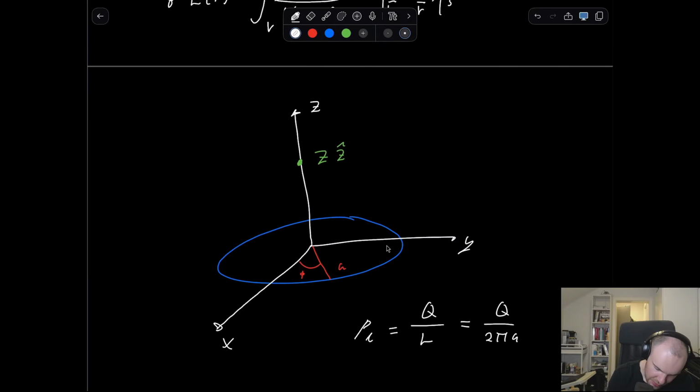Because you can instantly see that if I draw a vector from here and a vector from here, and I made components, I would have this guy in this direction and this guy in this direction, which means that the only one contributing is in the z direction. So you could just entirely ignore x and y.